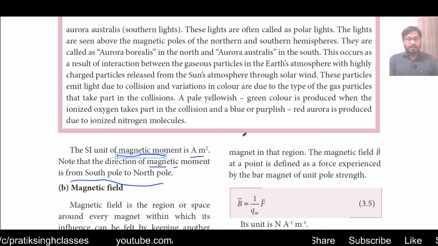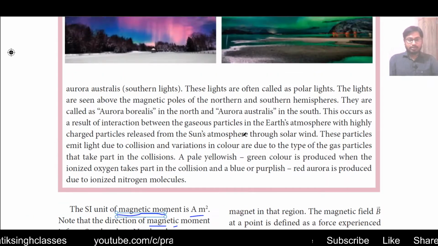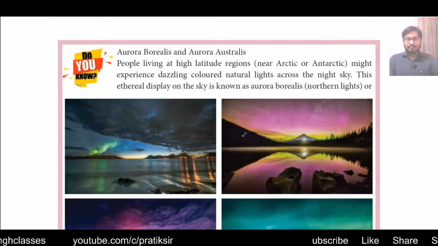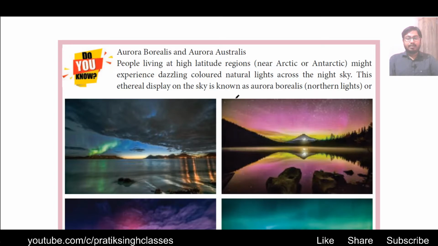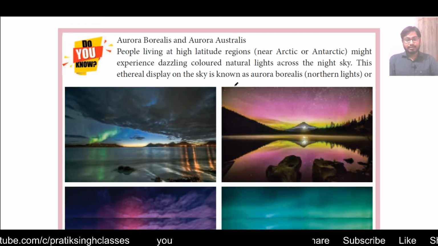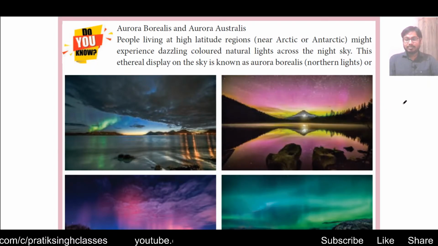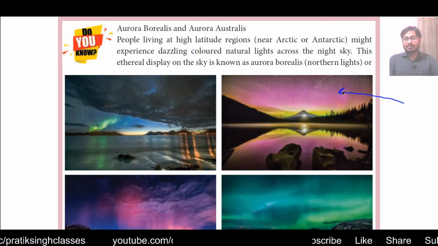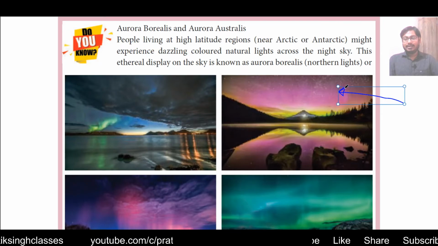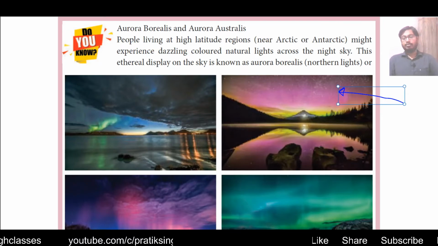Now coming to this box, some interesting facts are given here about aurora borealis and aurora australis. These phenomena you have already studied in your previous classes, but here we will study a little bit more.